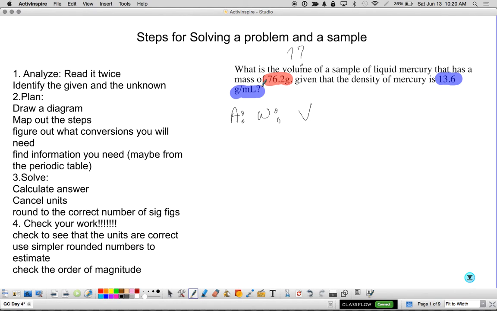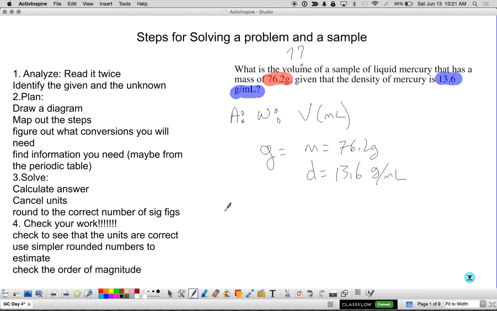Oftentimes, I'll be able to figure out my units, volume in milliliters. Sometimes problems will ask for specific units, sometimes they won't, so just go by what the problem says. My given is a mass, which is 76.2 grams, and a density, which is 13.6 grams per milliliter.